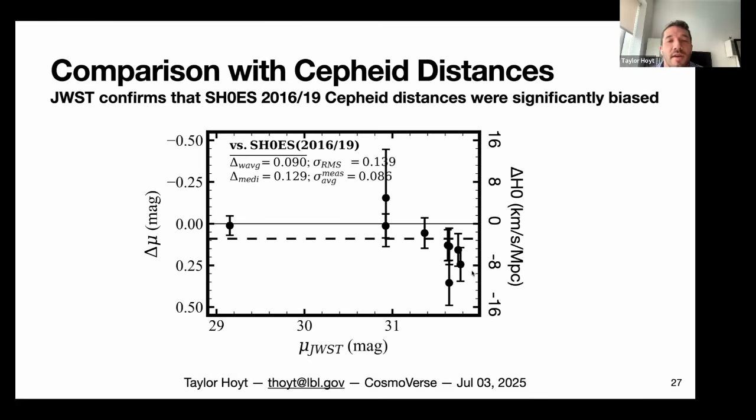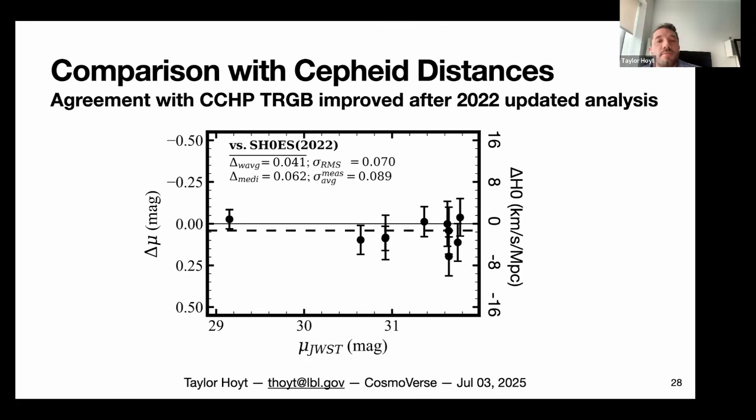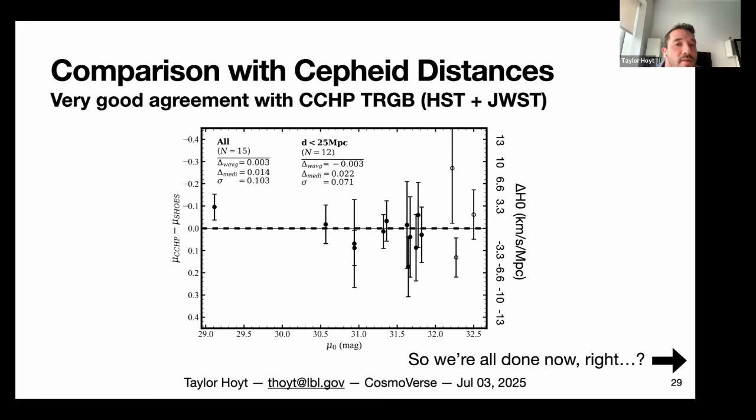Some of these actually were biased by nearly 8 to 10 kilometers per second per megaparsec. This improved significantly in 2022, which is great progress for the field. The dispersion in this comparison is a factor of 2 smaller. The difference between the two methods decreased by more than a factor of 2. So it seems we're headed in the right direction, very much so.